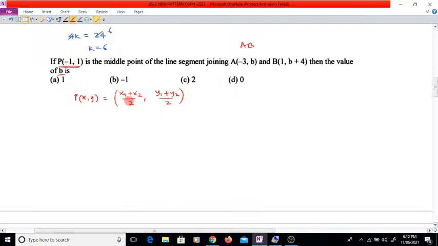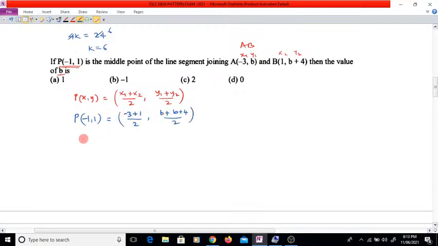Here this is x1 and y1, this is x2 and this is y2. So we will substitute the values. x1 is minus 3 plus x2 is 1 divided by 2 comma y1 is b plus y2 is b plus 4 divided by 2.